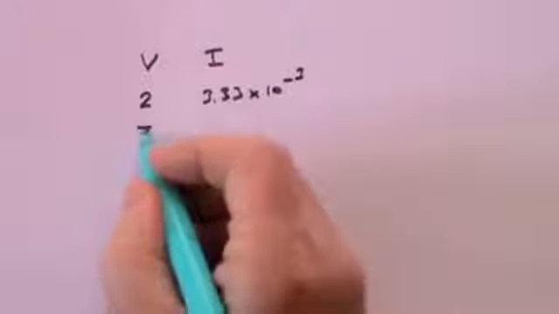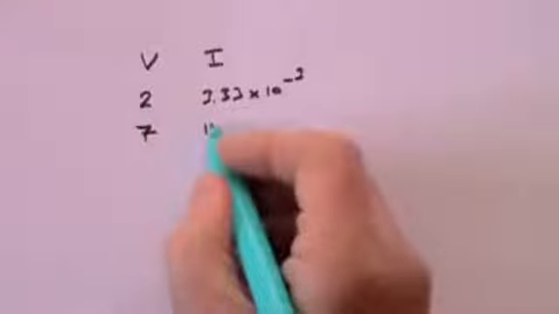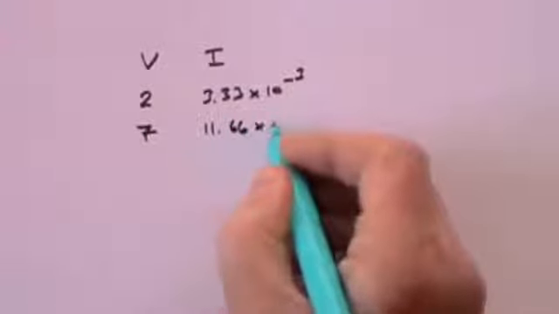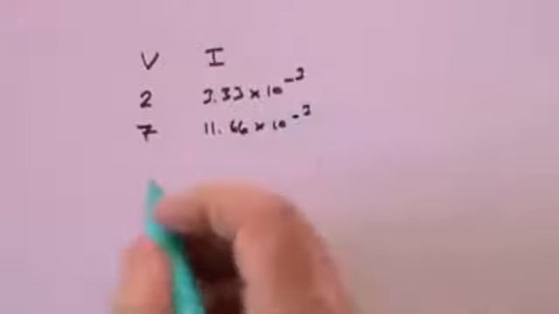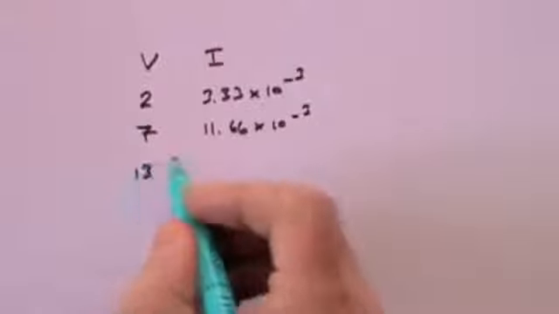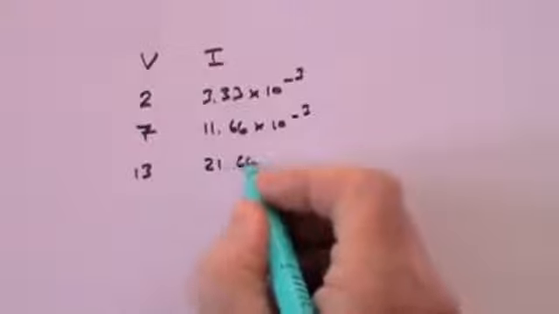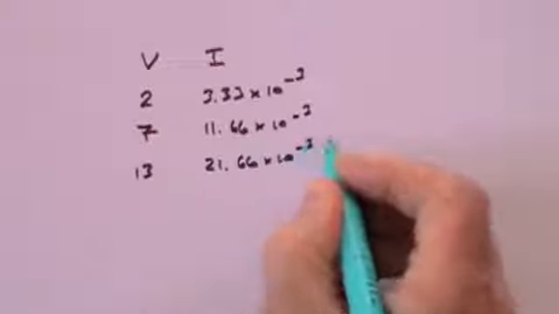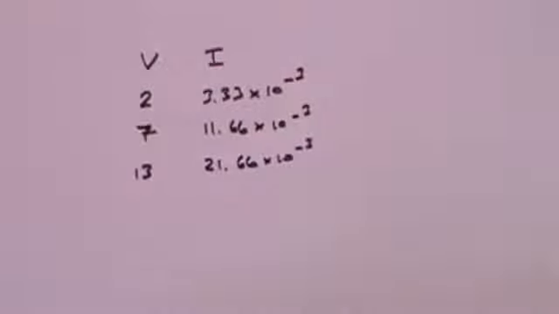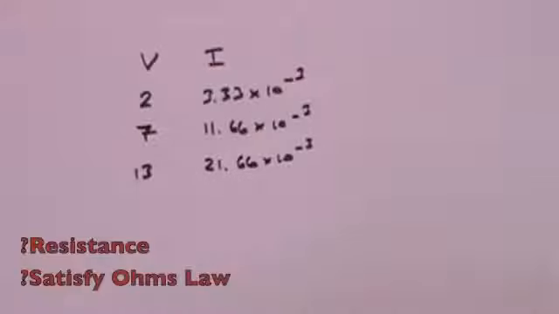When the voltage is 7 volts, the current is 11.66 times 10 to the minus 3 amps. And when the voltage is 13 volts, the current is 21.66 times 10 to the minus 3 amps. And what we want to know is, what is the resistance and does it obey Ohm's law?